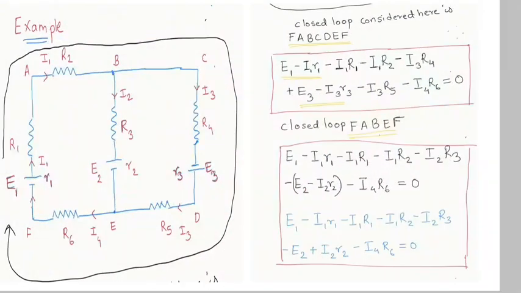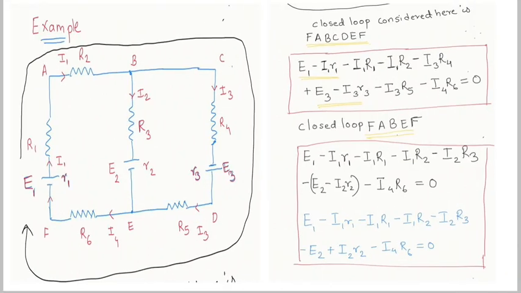So E1 minus I1 r1, because current I1 is flowing. Now the direction of current flow is shown by a red arrow, and tracing is also in the same direction. Therefore the potential difference across R1 will be minus I1 R1. What will be R2? Minus I1 R2.